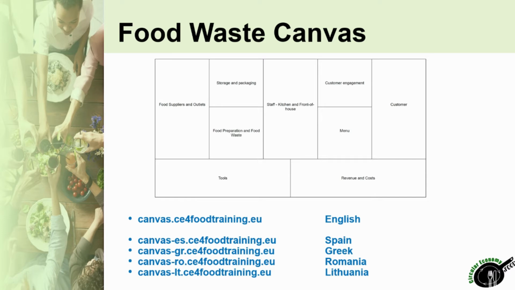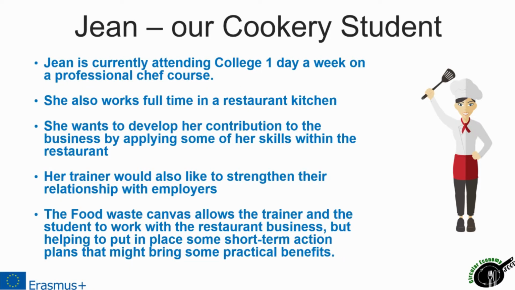The canvas itself is available in these 5 languages and the URL or web address is given here. In order to illustrate the use of the canvas, a trainer can approach this by referring to our example student.